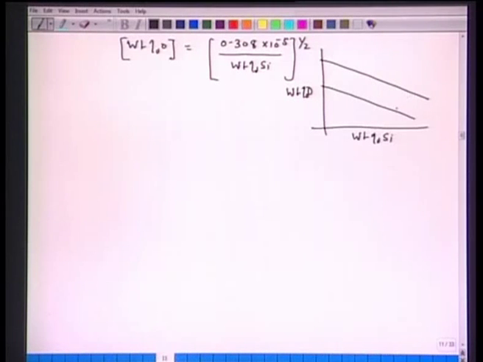Now, if I take another temperature, for example 1800 degree centigrade, then I may get this particular line, that is, increase in temperature does not allow silicon reaction to proceed. That means a decrease in temperature favors the reaction of silicon.